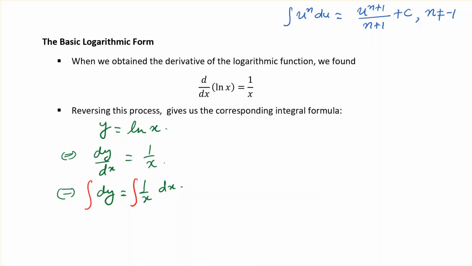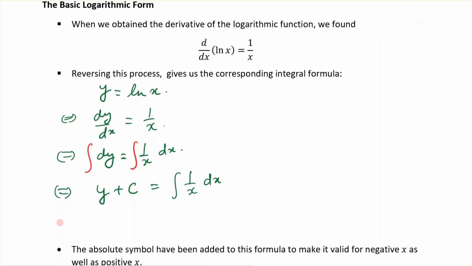We find that the integral of dy is y plus some constant, and the integral of 1 over x dx we don't know yet. So from here we got the integral of 1 over x dx is equal to y plus c.